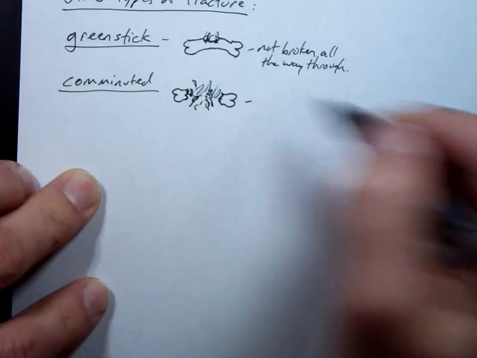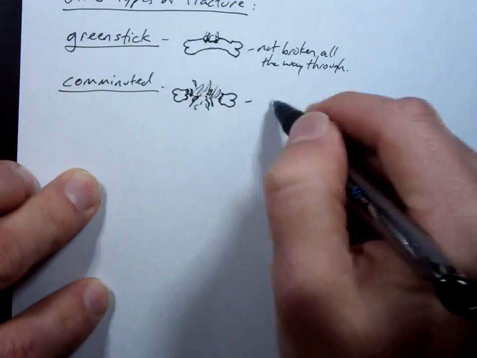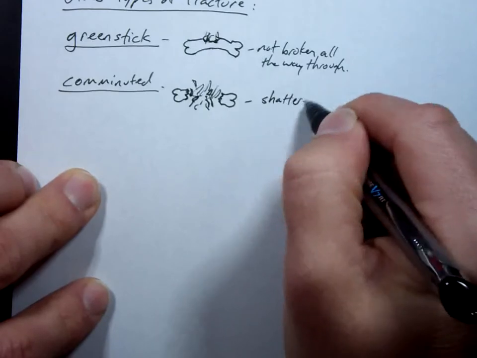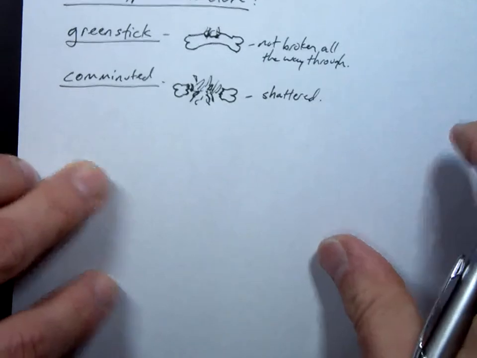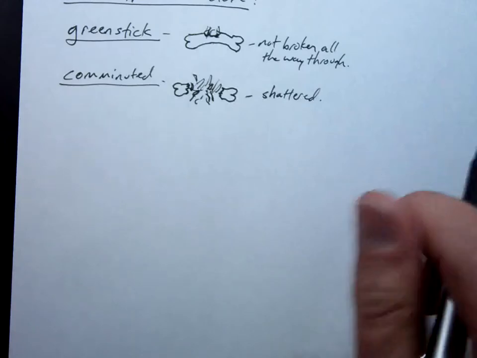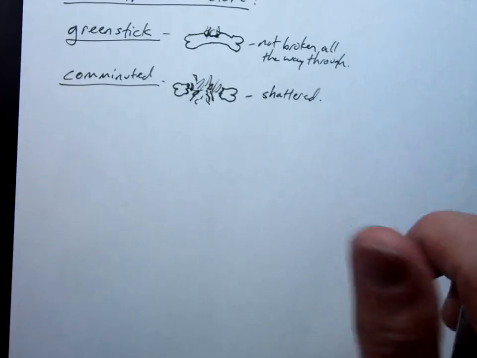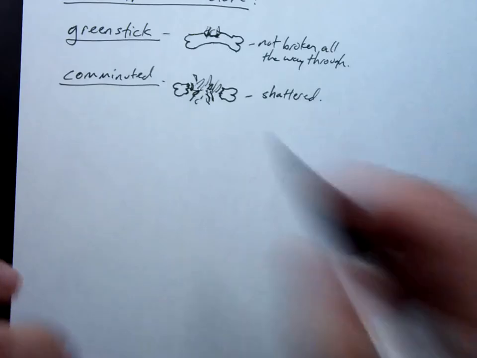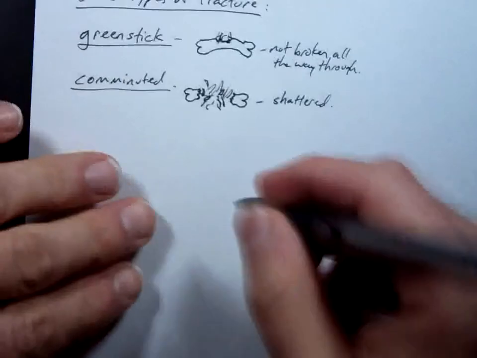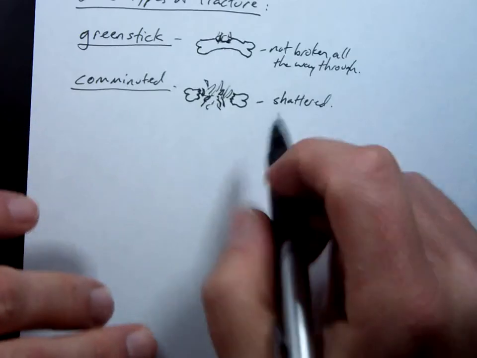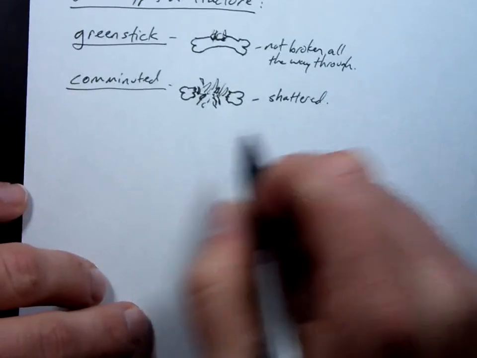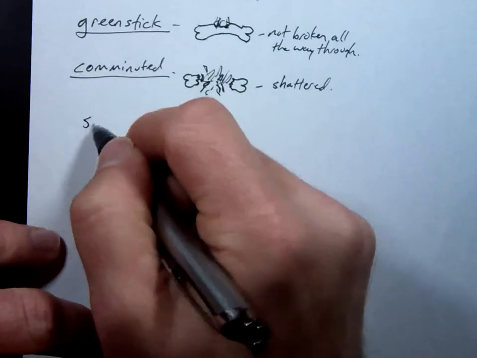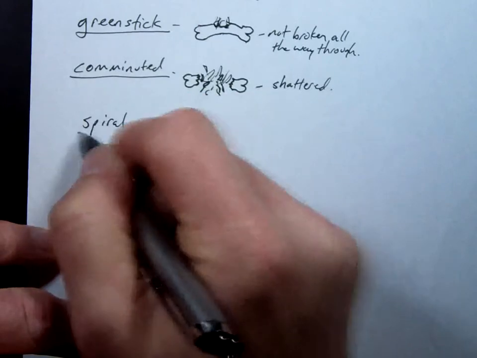What's the word for that? Utterly destroyed. Shattered. Who saw a shattered one yesterday? Anybody get a look at the elbow in the X-rays yesterday? It had this crazy ladder-looking thing going across it. It was completely shattered. So shattered is comminuted.